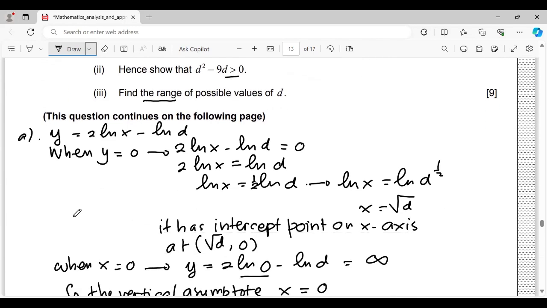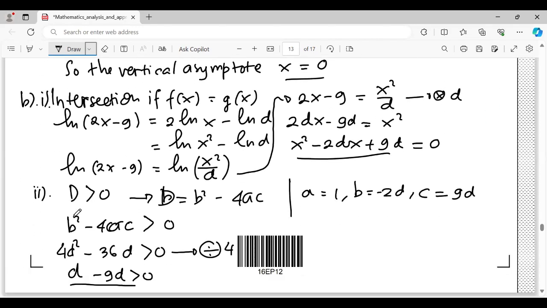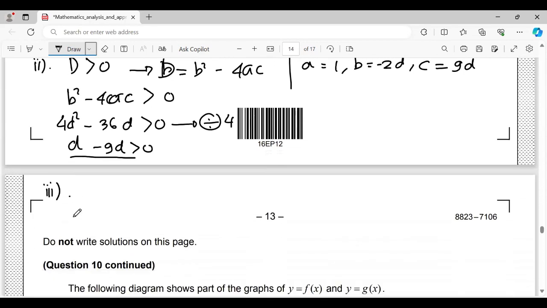Find the range of d, based on this information that d squared minus 9d is greater than 0. So factorize: d times (d minus 9) greater than 0. Through a number line, I'm going to create a number line here: 0, 9.